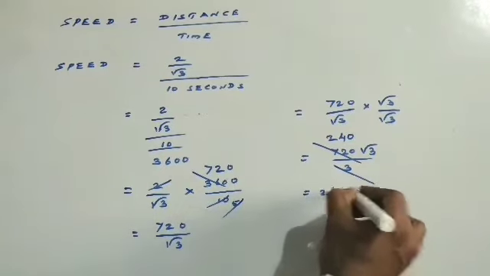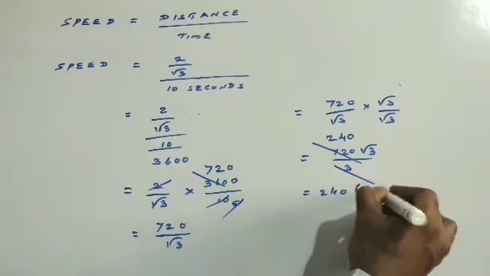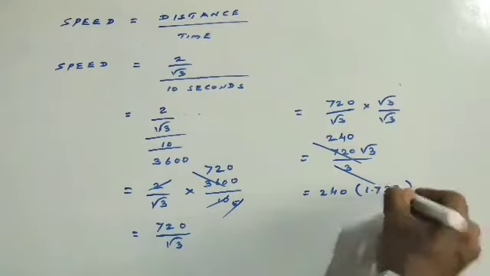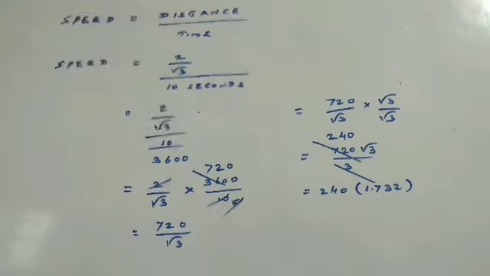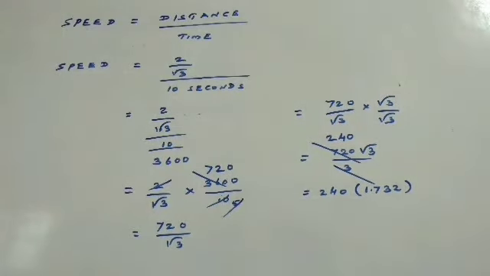We know that for root 3 the value is 1.732. Multiplying 240 with 1.732 gives 41569.